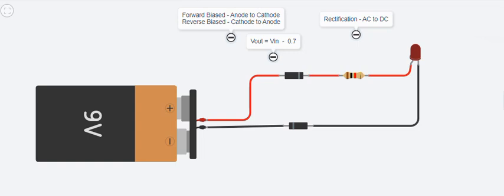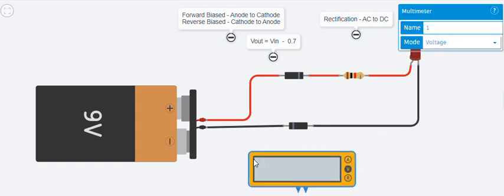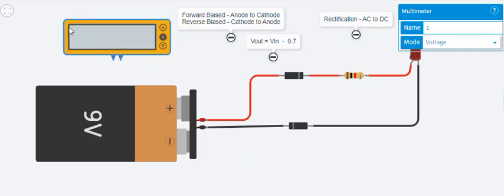So I'm going to use a multimeter to test the output voltage. We have a multimeter here and it's already set to voltage.